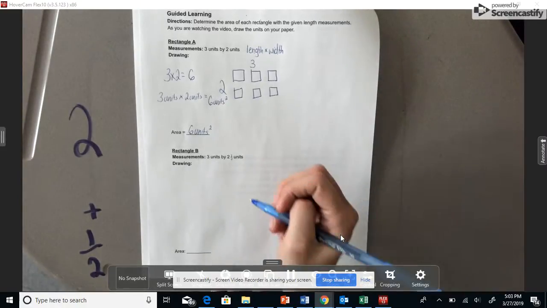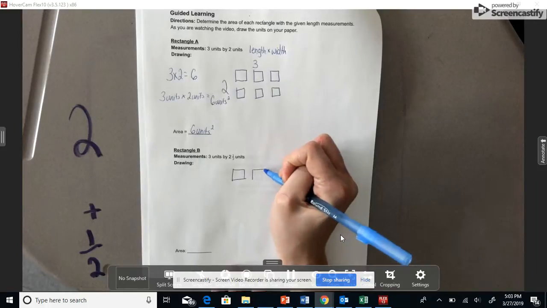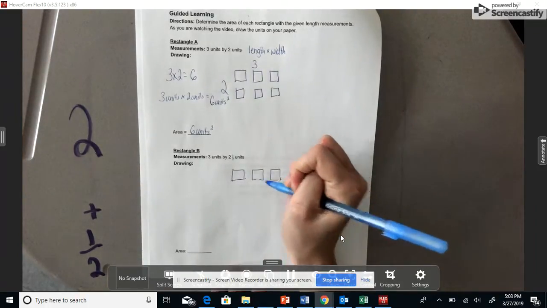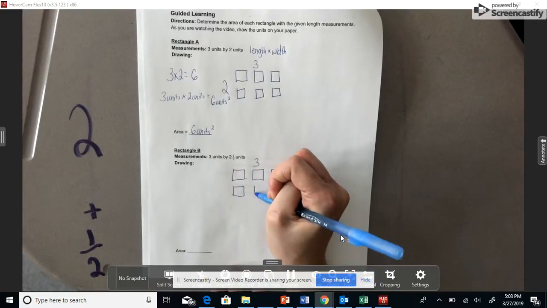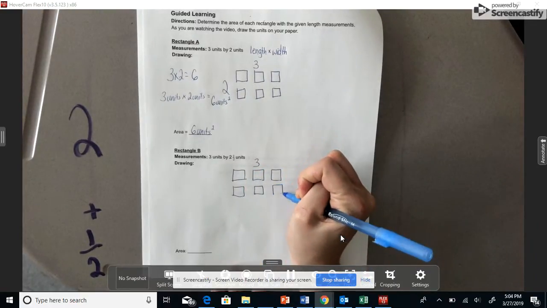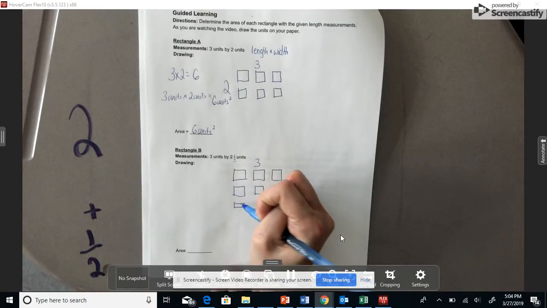All right, so if we wanted to draw this, it would be 3 units across, two units down, and then that extra half. So we can do that with a rectangle.